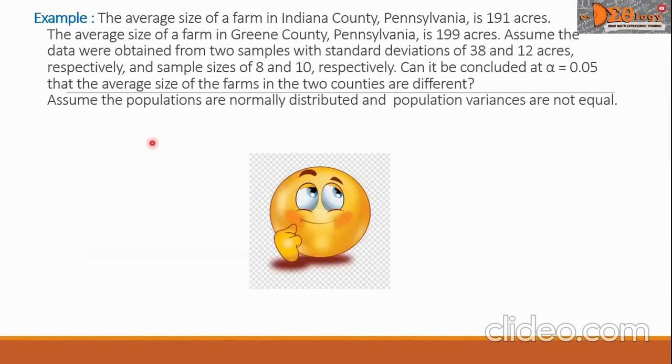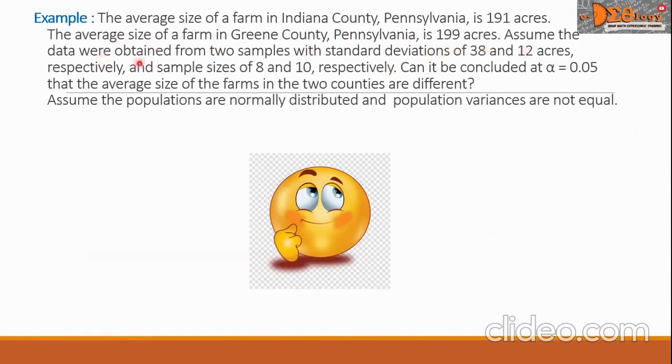Let us see this example. The average size of a farm in Indiana County, Pennsylvania, is 191 acres. The average size of a farm in Greene County, Pennsylvania, is 199 acres.